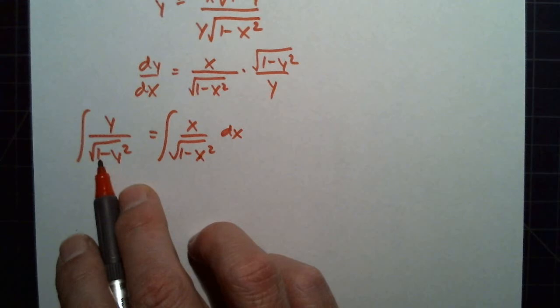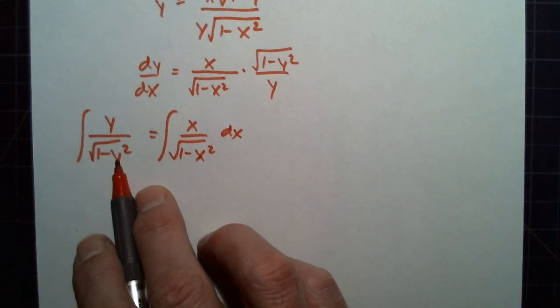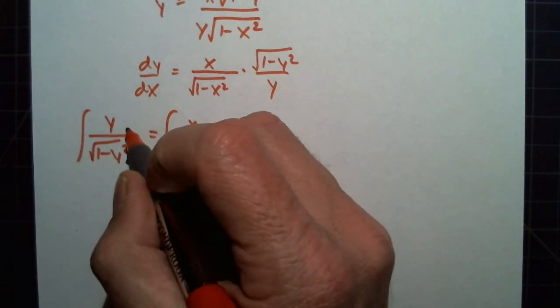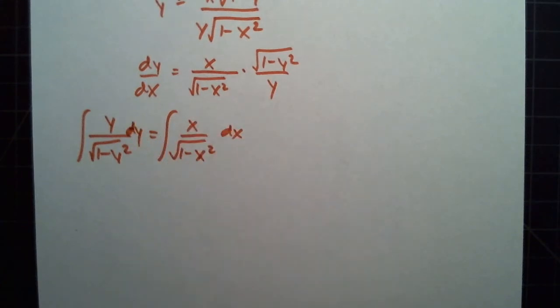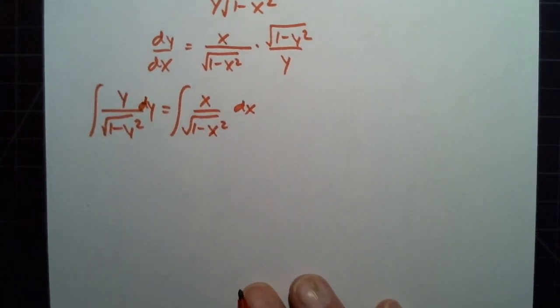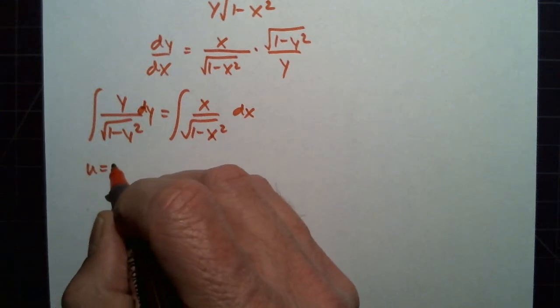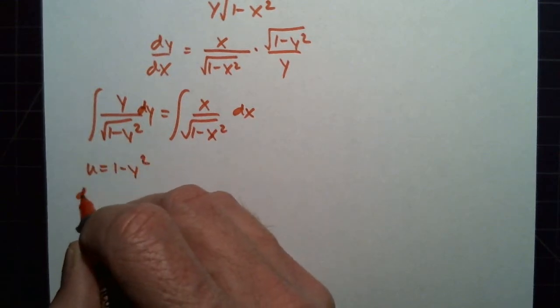But you can see if we let u equal 1 minus y squared, it's going to work out to have, we need a dy there. The substitution is going to work, so we'll say u equals 1 minus y squared.